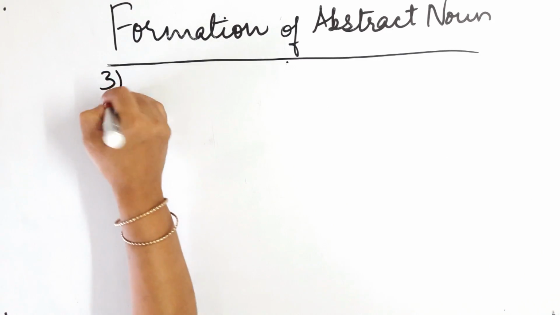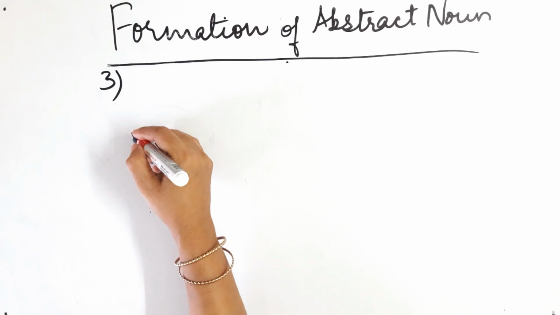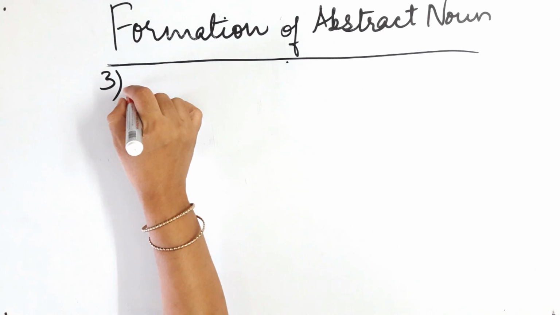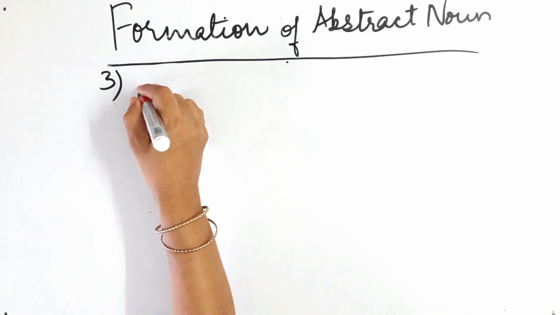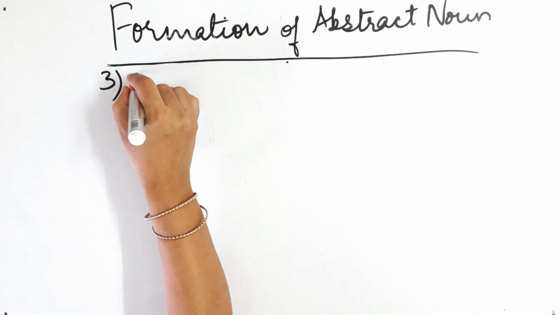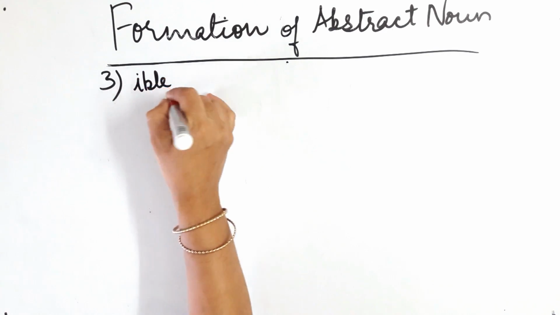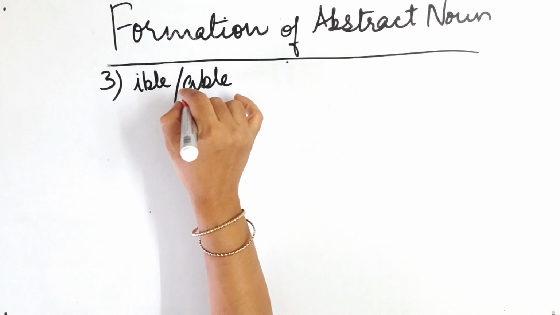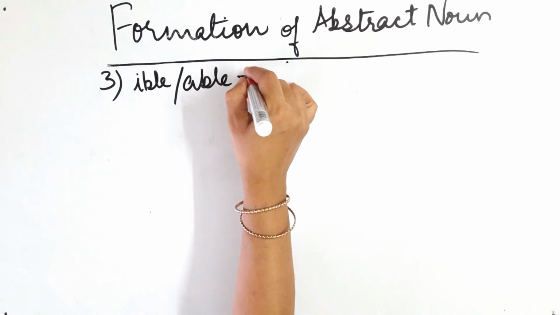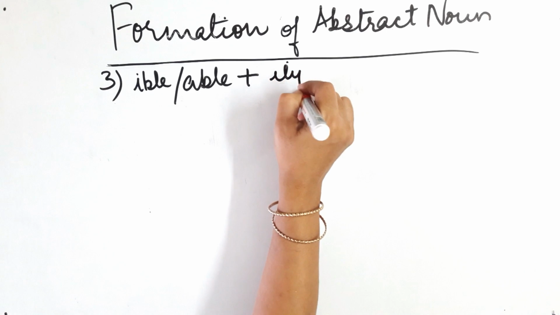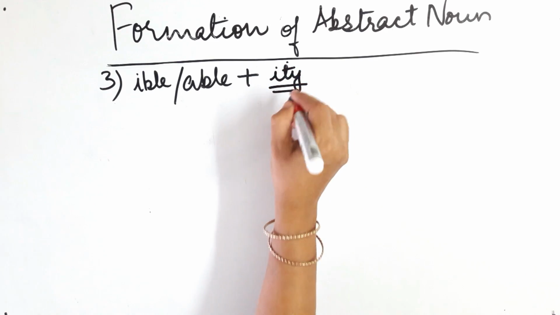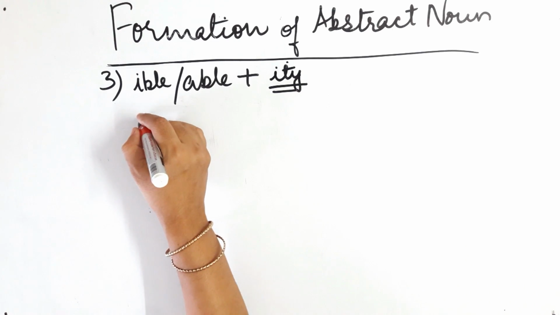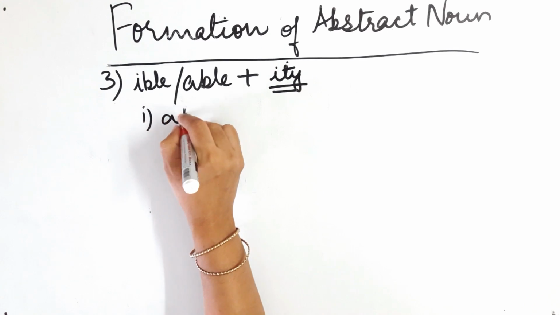Another way of changing adjectives into nouns is if we have words ending in IBLE or ABLE. If the word ends with IBLE or ABLE, with a slight change and then by adding ITY to it, we will change the adjective into a noun. Like I have the word able.